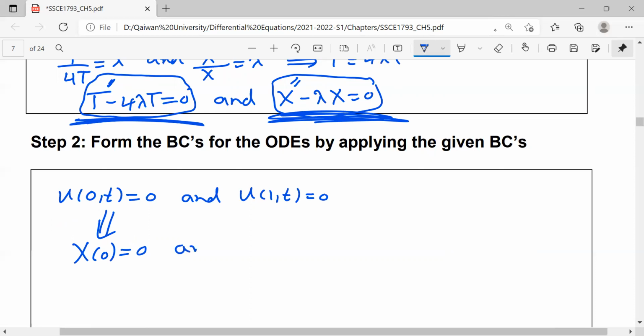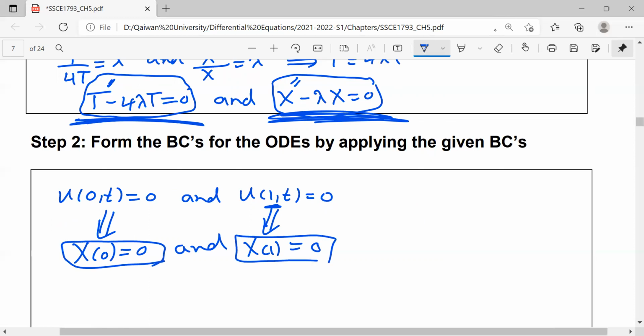And from this one, X of 1, we say X of x. Okay, so x here is 1. X of 1 equals the right hand side, which is 0. These are the boundary conditions for the differential equation. Okay, we have these two boundary conditions.